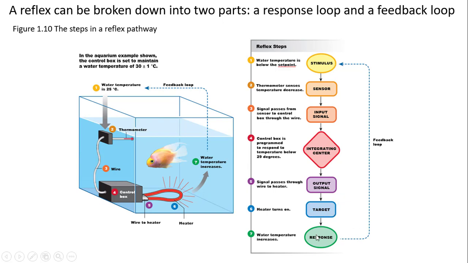And so this is essentially what's called a negative feedback loop. You have a set point, and what this circuit attempts to do is to minimize the difference between the stimulus, which is the water temperature, and the set point. That's referred to as negative feedback, because you're reducing this error, which is the difference between the set point and the input signal.